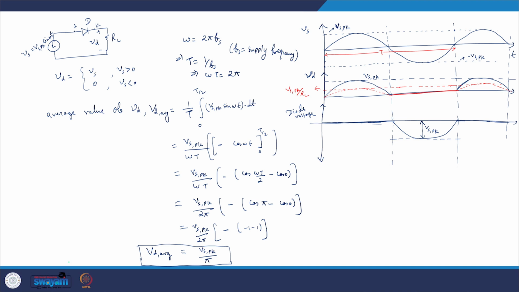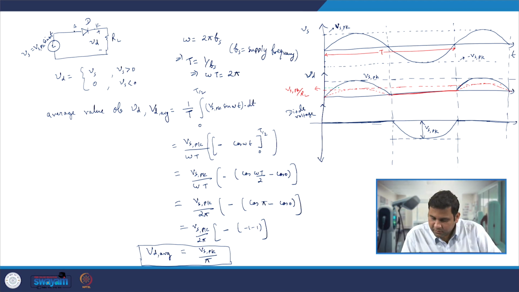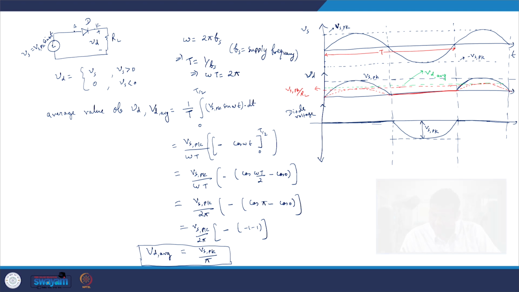So this is what we have seen, the average voltage. Now if I draw the average voltage, it will be somewhere here, that line which is given as Vd average.